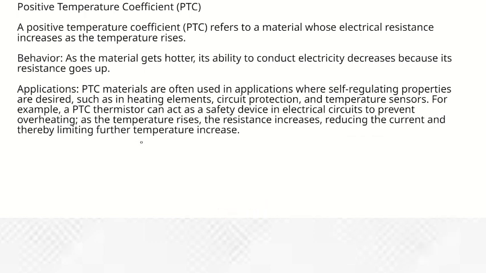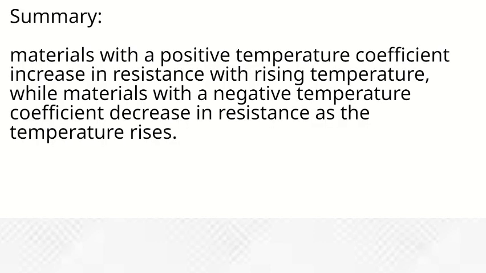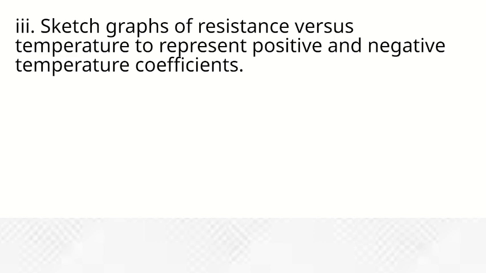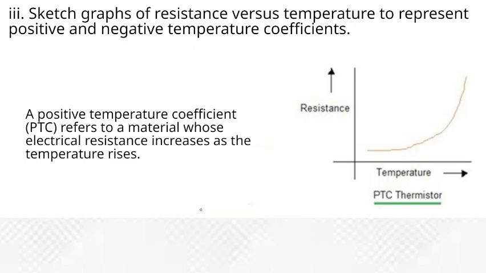And in that, the positive temperature coefficient refers to material whose electrical resistance increases as the temperature rises, while the negative temperature coefficient refers to a material whose electrical resistance decreases as the temperature rises. We also looked at a graph. We were given figures. We looked at the temperature versus resistance graph, right?